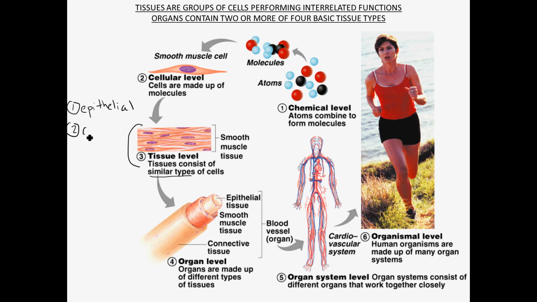The second is connective tissue. The third type of tissue is muscle. And the 4th type of tissue is nervous. So epithelial, connective, muscle, and nervous. We'll spend a lot of time in the next couple of weeks on epithelial and connective, and then muscle and nervous as we get to them in their respective chapters.